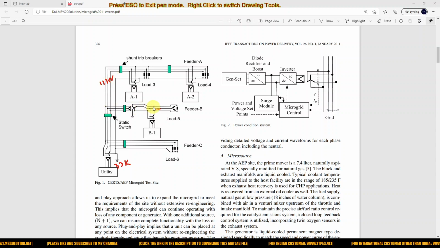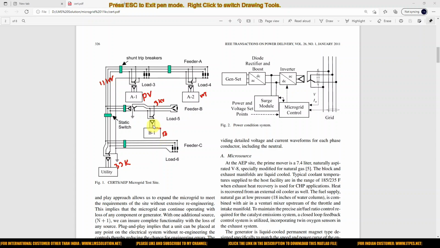Here this feeder voltage is considered as 33 kilovolt, and then this micro source is considered as grid connected PV. This micro source is a grid connected wind turbine or wind generator, and this micro source is a grid connected battery storage element.